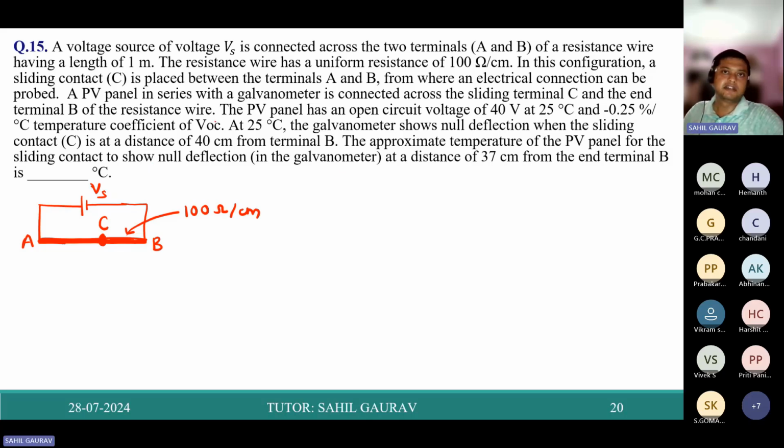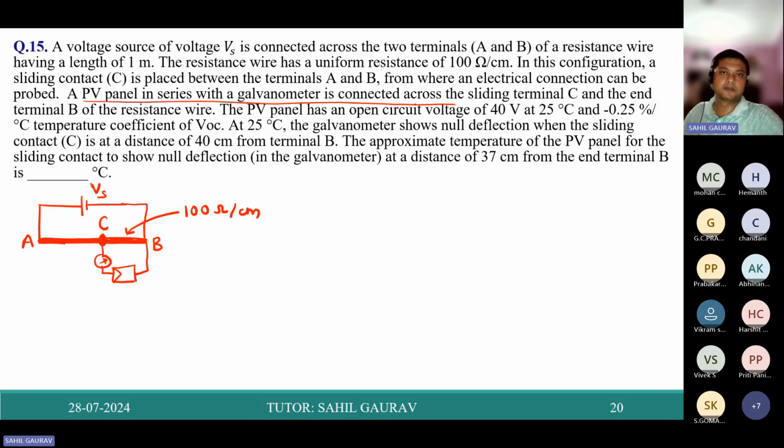And a PV panel in series with a galvanometer is connected across this sliding terminal C at the end of terminal B of the resistance wire.